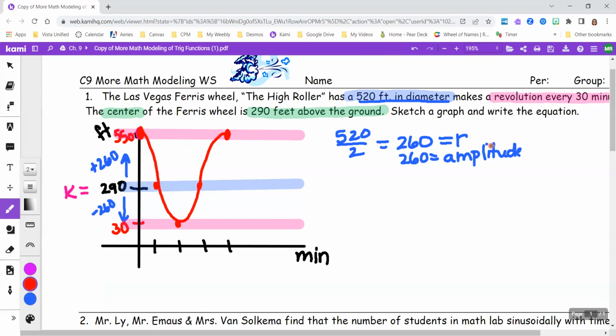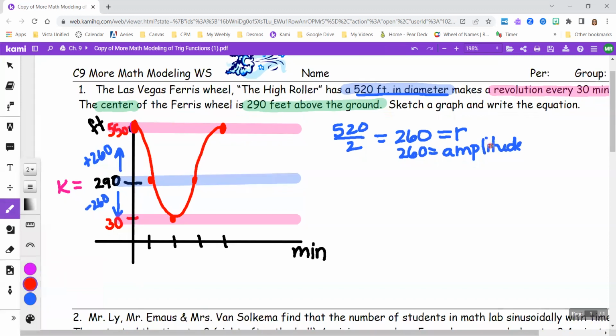Now, for this, I know my amplitude is 260. I know my K, that's going to be 290. I know that my period is 30 minutes.